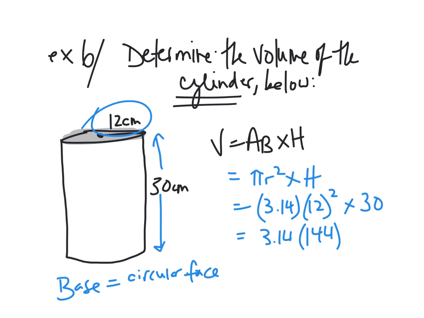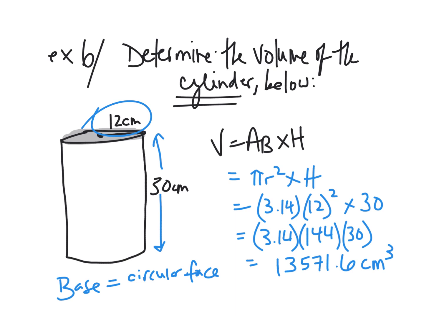So 3.14 times 144, which is 12 squared, times 30, all in, punch it in your calculator. 13,571.6, why not, 1 decimal place, cubic centimeters. So that's the volume of this figure.